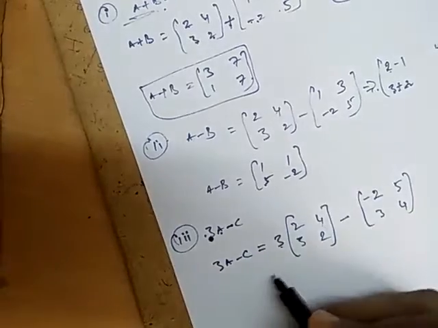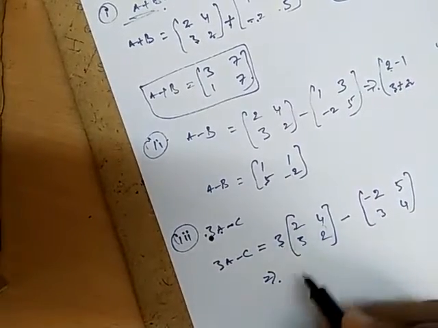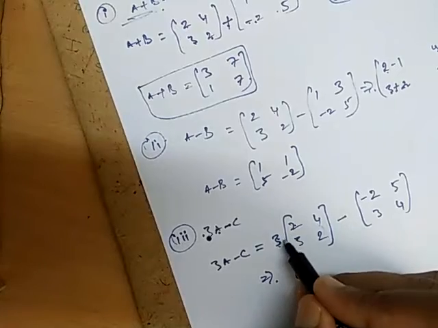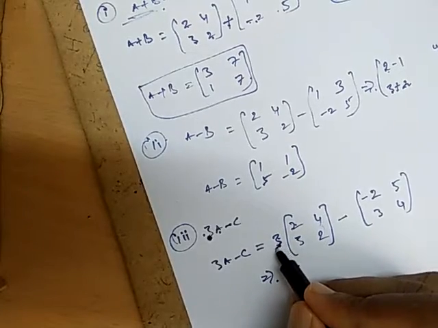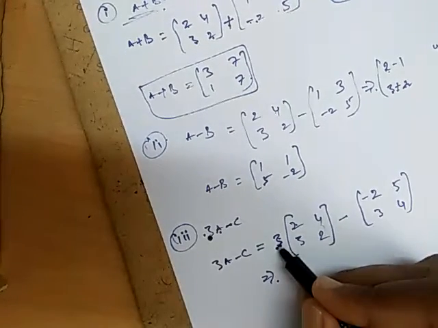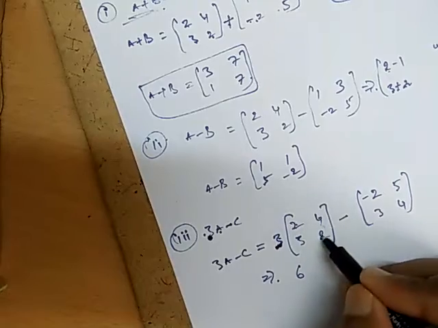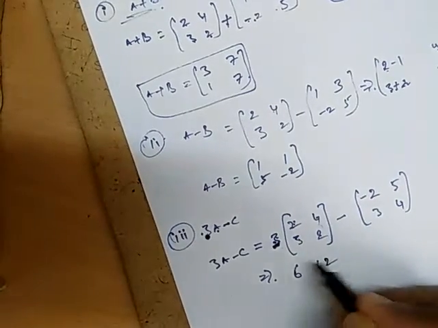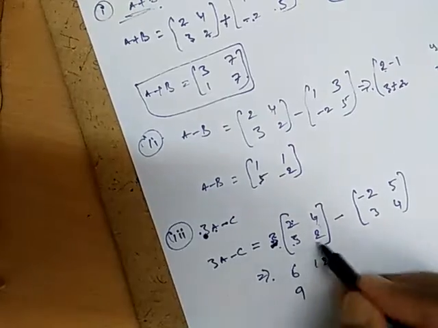Multiply each and every element with 3. Matrix A into 3 means multiply each and every element with 3. 3 into 2, 6. 3 into 4, 12. 3 into 3, 9. 3 into 2, 6.